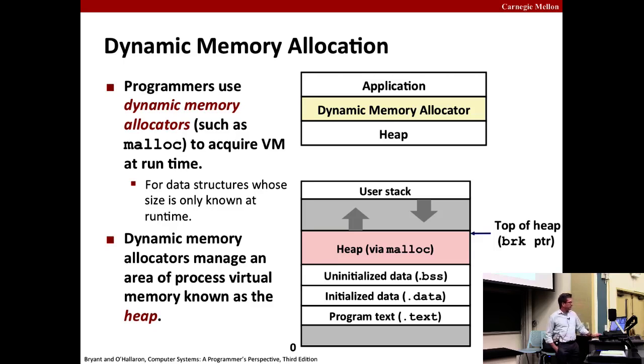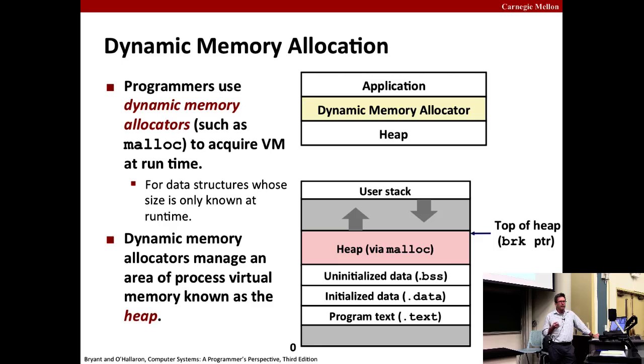So the basic idea of a dynamic memory allocator is that applications use it to manipulate virtual memory, to allocate and free chunks of virtual memory that you need in your program. And this memory is maintained in an area of virtual memory called the heap.